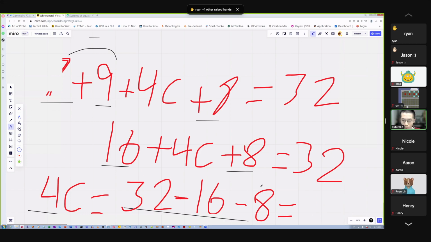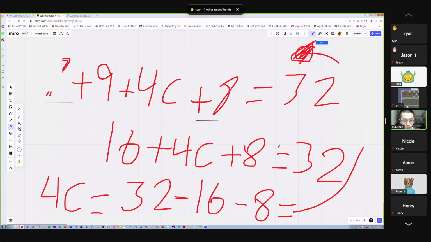And instead of continuing writing equal signs all the way through, because mathematically speaking, that's not very strict. Okay, thanks. So now we have 4c equals 8. And Jason, would you like to finish this off? Thanks for doing all the heavy lifting, Ryan.